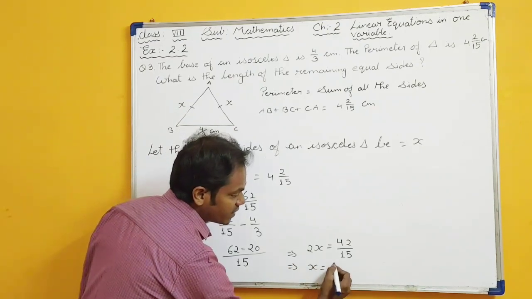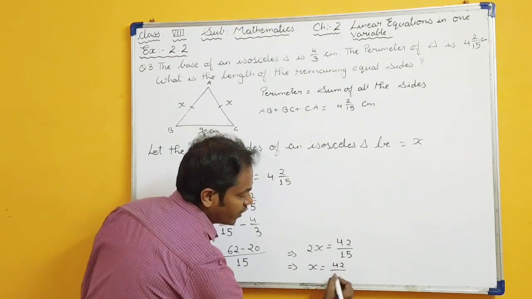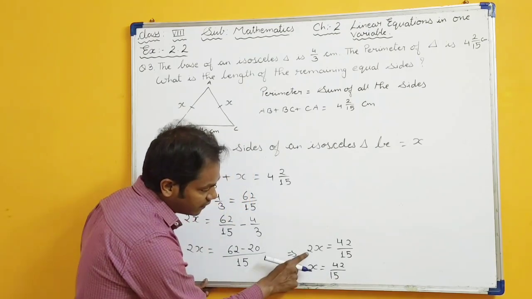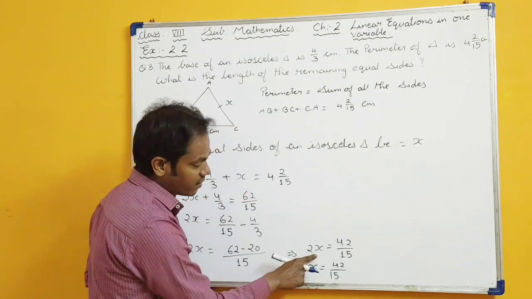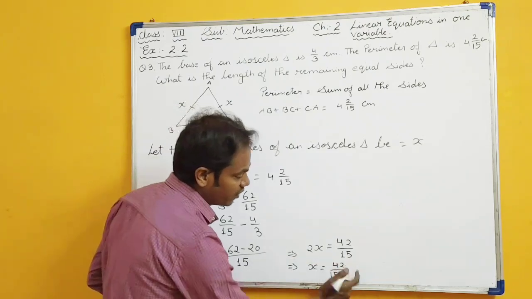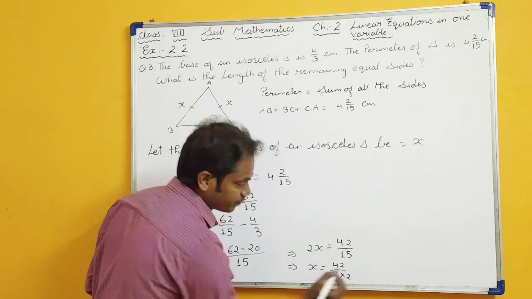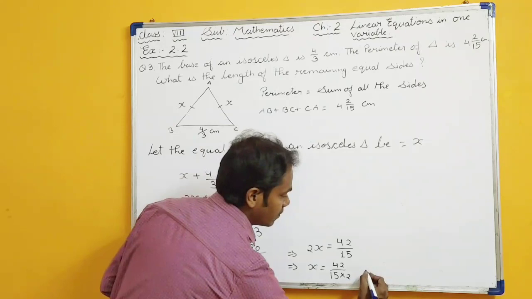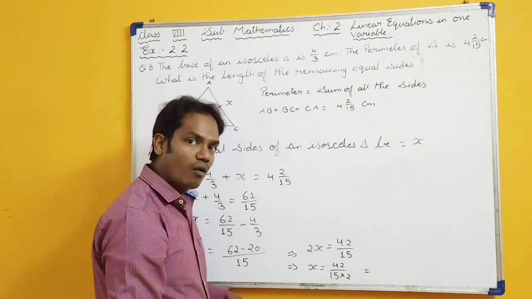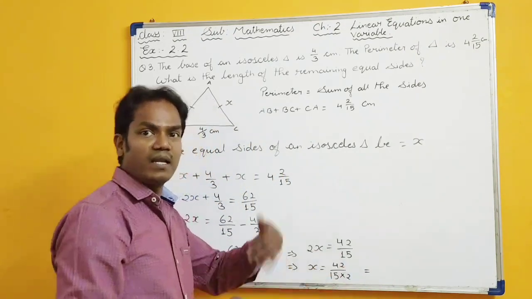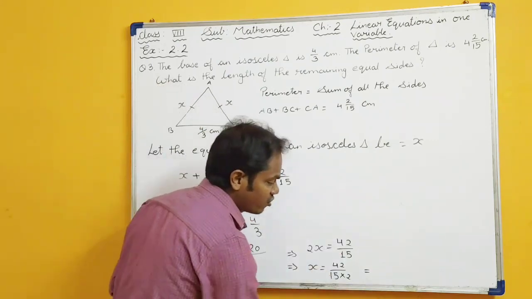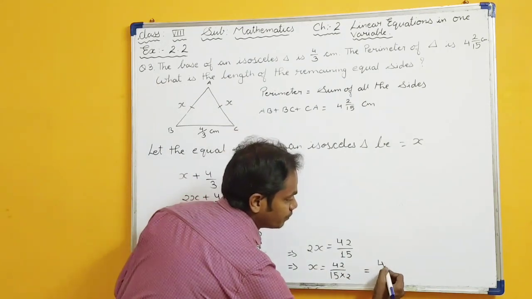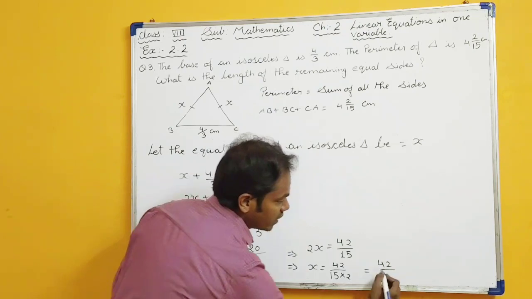Now x is equal to 42/15. This is 2x, 2 multiplied by x. This 2 will shift down to division position. Now you can either multiply or reduce, or after multiplying you can reduce. It depends on your choice. 42 over 15 2s are 30.